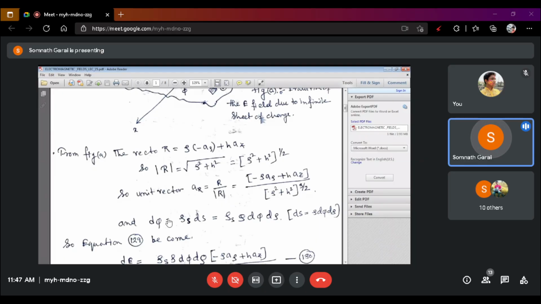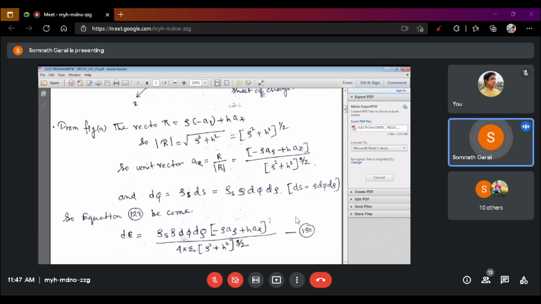So dq is equal to rho s into ds. Put the value of ds, that is given by rho s, rho into d phi into d rho.